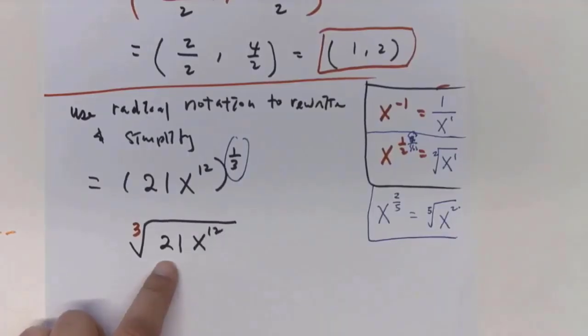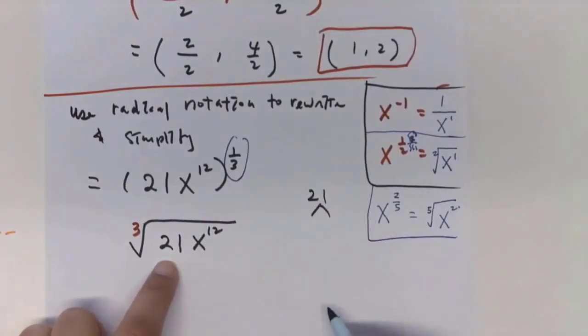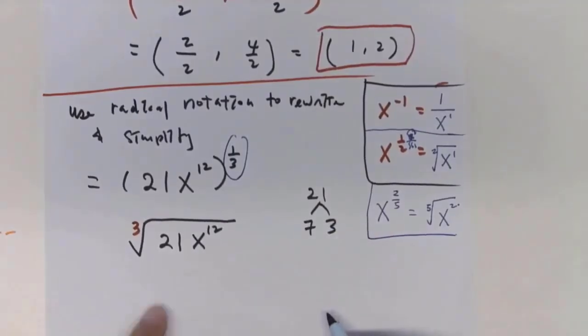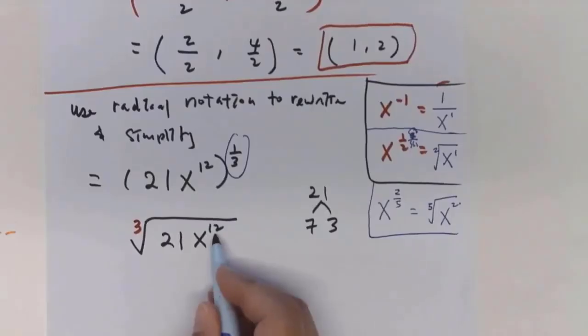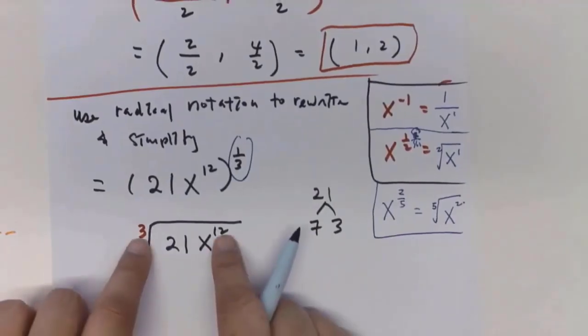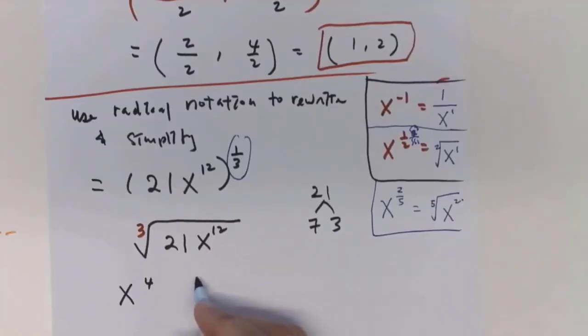So I need to take a group. So how many as a group do I need? 3. Can I get anything out of 21? No. Okay, 21 stays. But how about the 12? You can get out 4. You can think about 12 divided by 3 is 4, right? So x to the 4 goes outside, and inside we still have the cube root of 21.